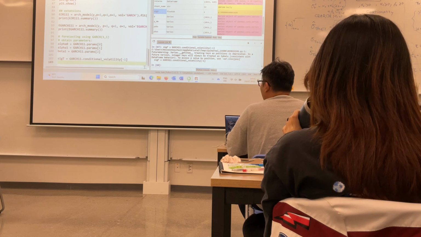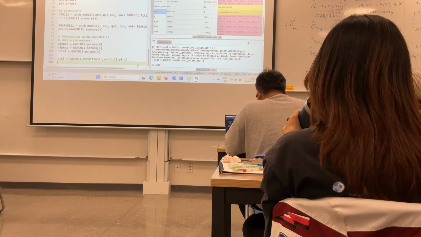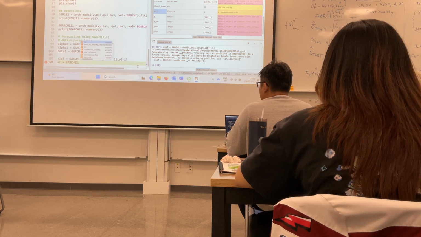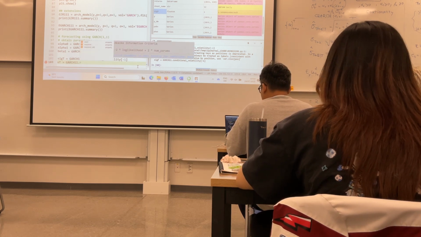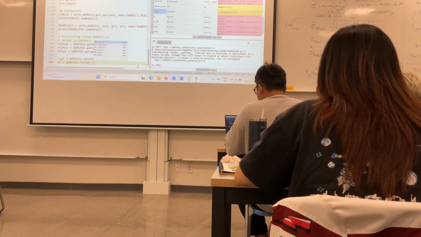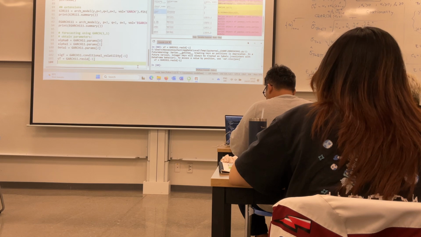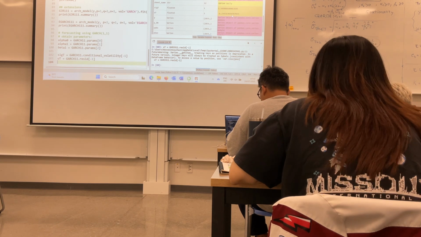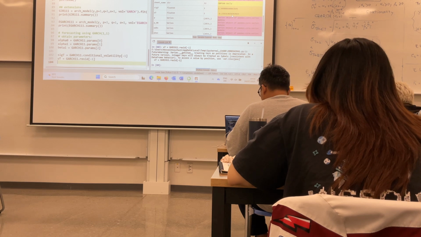And in the very end, then I need u at period t, which is GARCH(1,1).resid at period minus 1. And then that will be the last residual. Alright? The last residual is pretty big.